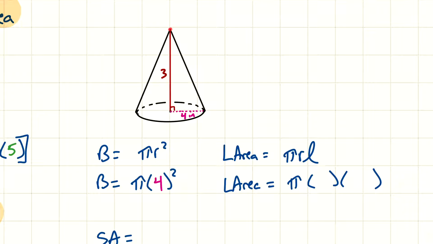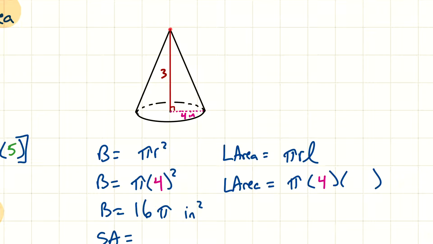The radius is given to us as 4, and I could actually plug that into lateral area as well. And so it's no secret that this is going to be 16 pi. And this is inches squared.